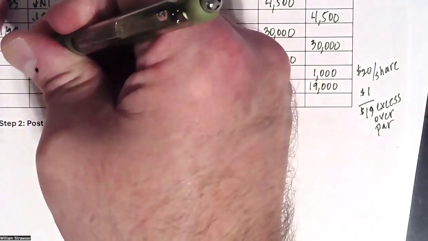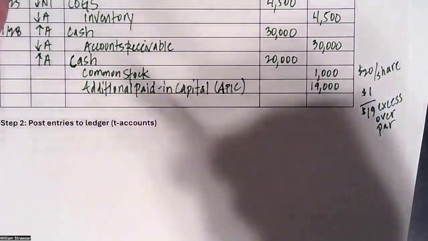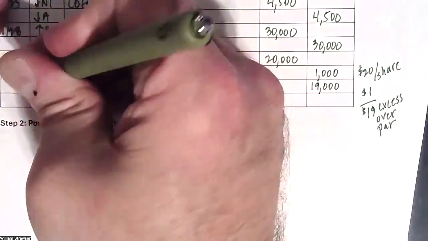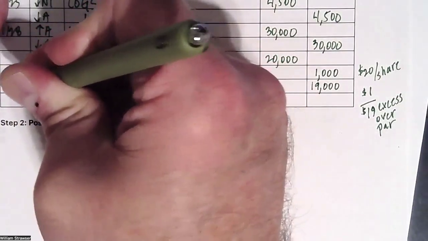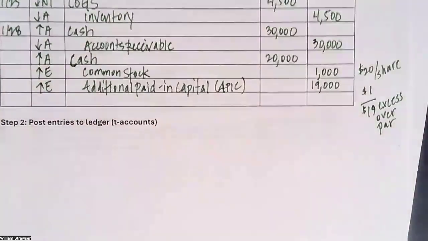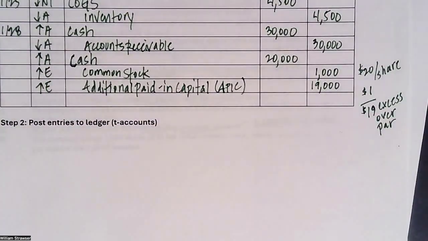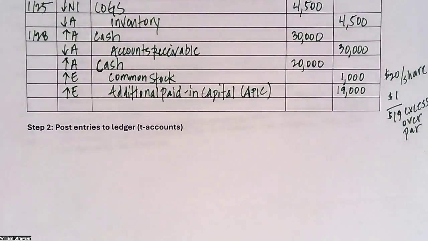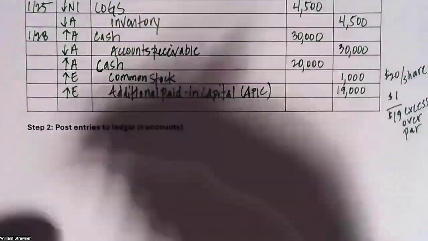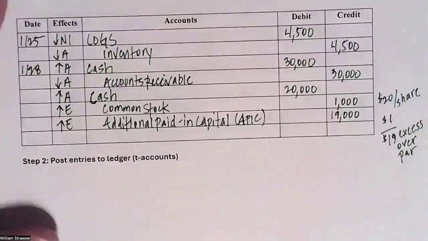Right. So we got cash, that's an asset. It's coming in, I increase assets. Common stock and additional paid in capital, these are direct investment equity accounts. This is the first time we wrote a change to equity. Very often, not very often, will changes happen directly to equity, especially in intermediate ones. So stock issues are one of those cases in which our equity is increased. Now, this all happened on January 30th.